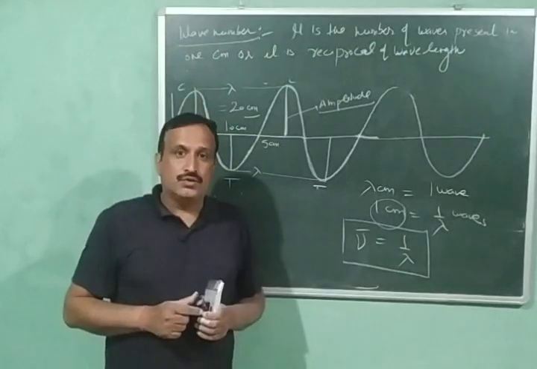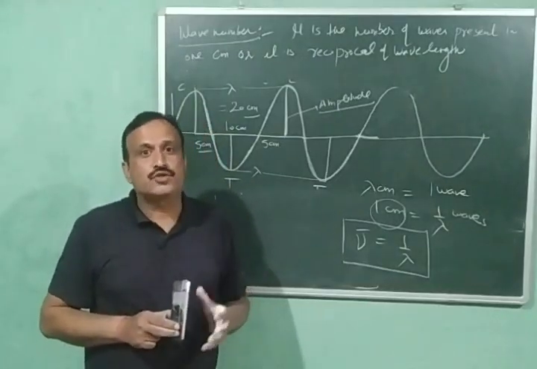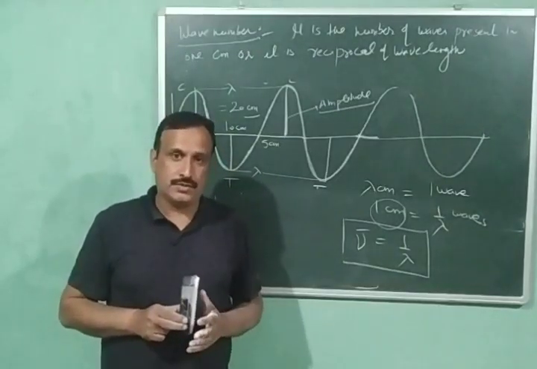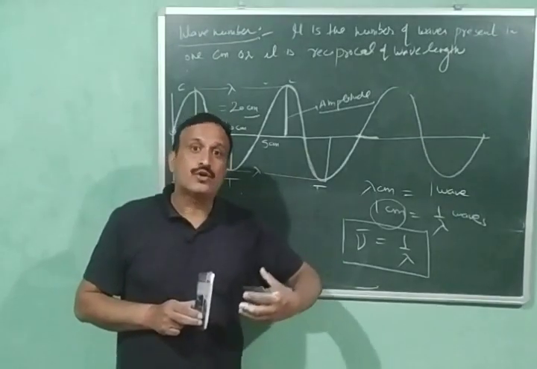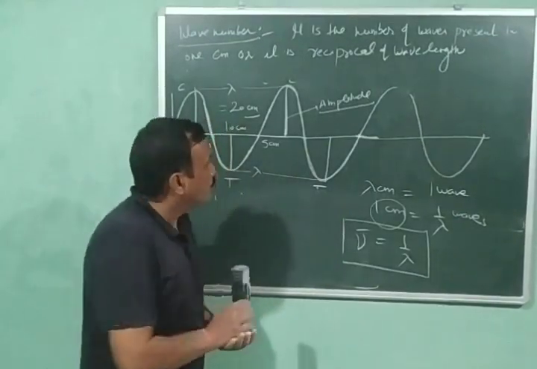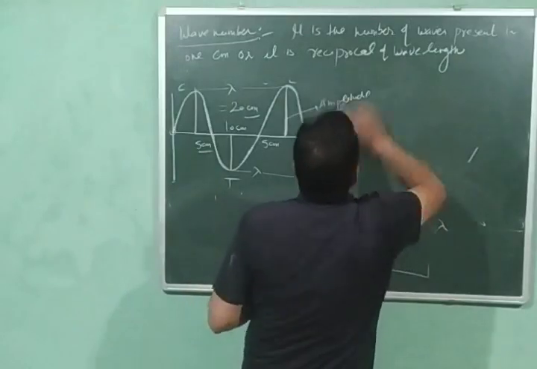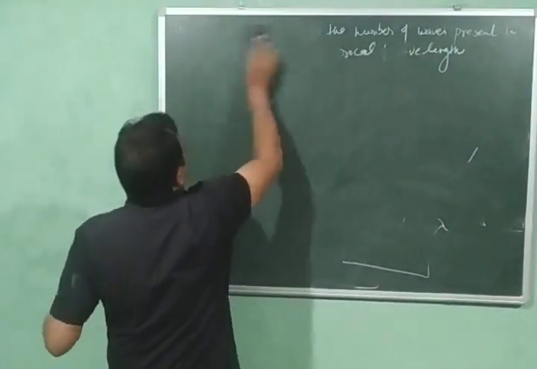Understood? So these were the various characteristics of electromagnetic radiations. And I am also going to discuss the electromagnetic spectrum here.